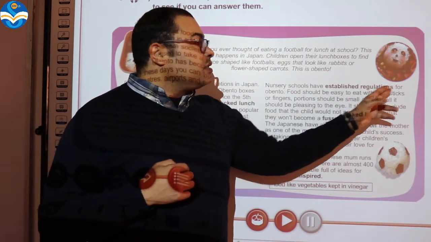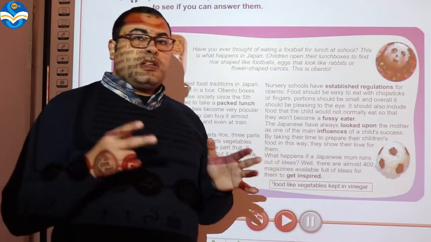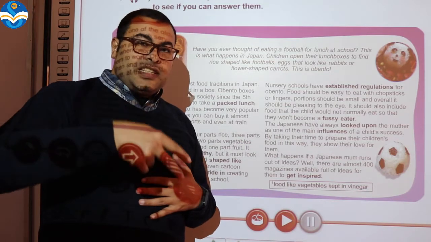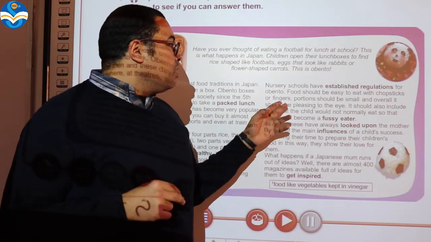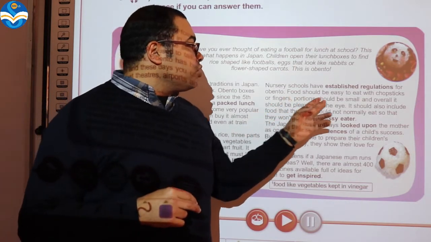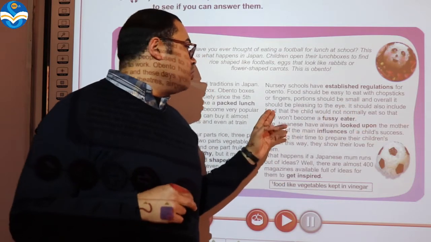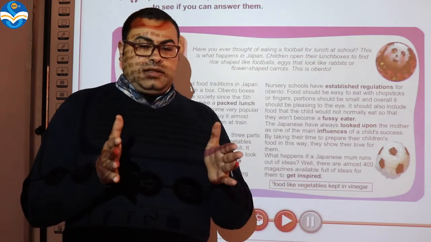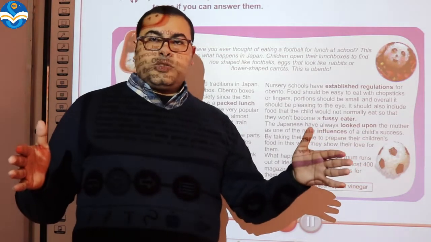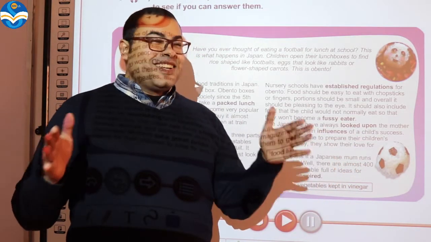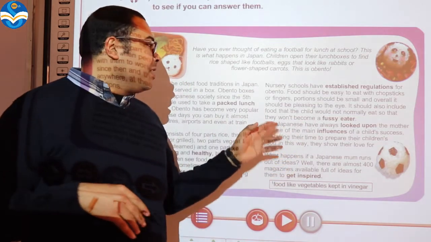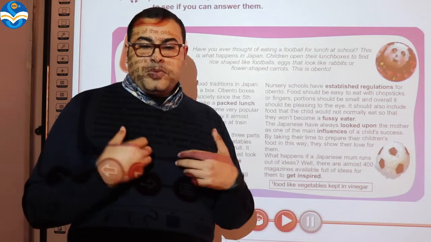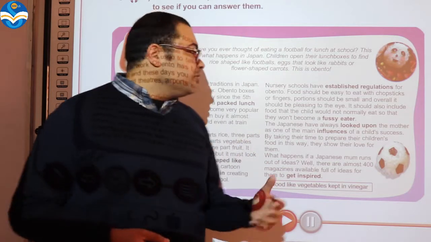Their regulations for this lunchbox: it must be easy to eat with fingers. Portions should be small and overall should be pleasing to the eye. Portion, you can't get a huge lunchbox for your school, but it must be pleasant or pleasing to the eye. When you open the lunchbox, you must feel happy to eat it.